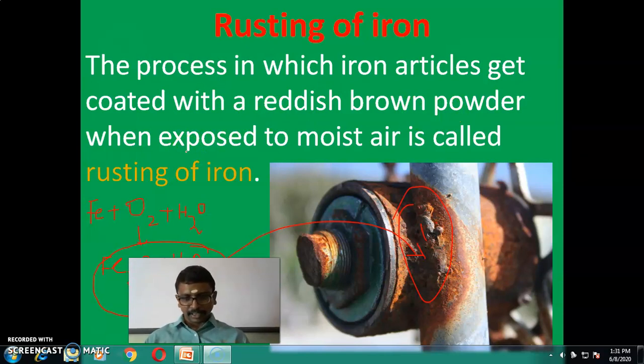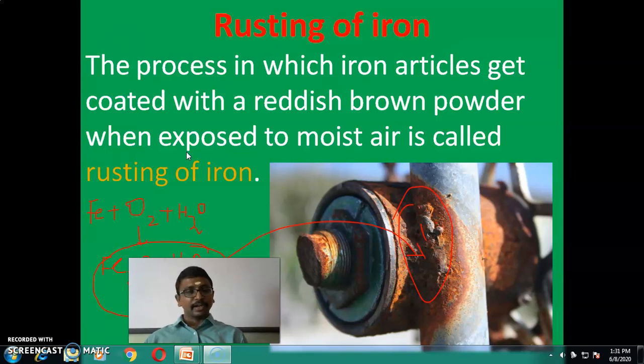So the reddish brown coating is rusting of iron.